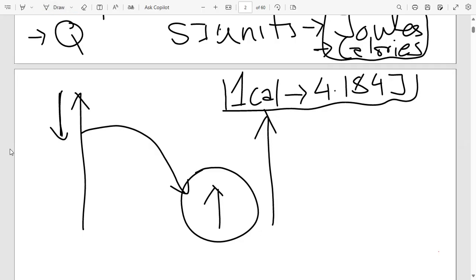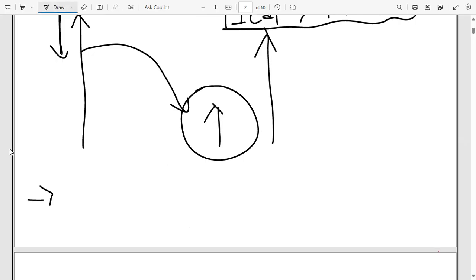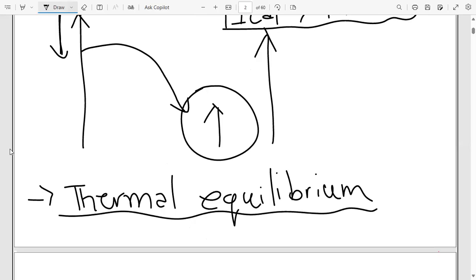Let me write this term down here. The exchange is going to continue until we reach what we call thermal equilibrium. And what is happening at thermal equilibrium? That means there is no actual transfer of thermal energy in either of the directions.